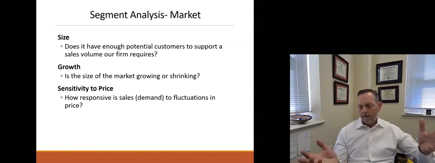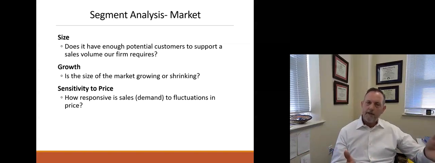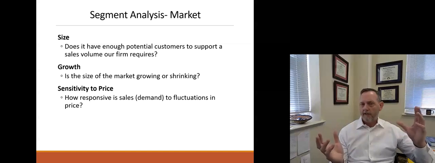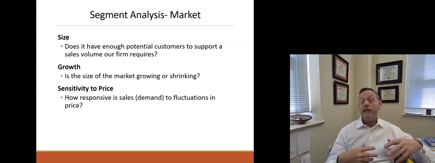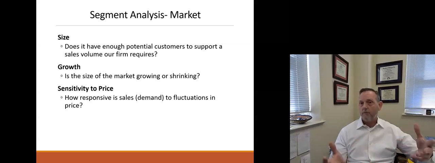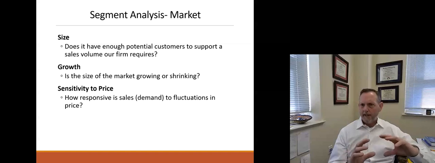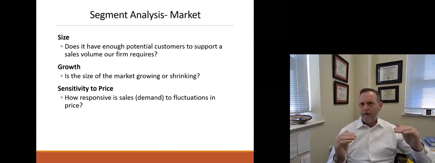So the greater the volume, the more efficient the company generally runs. So the question is, is the market large enough that our sales will be large enough? Will our share be sufficient in this large market to make those capacity issues and operational costs make sense?